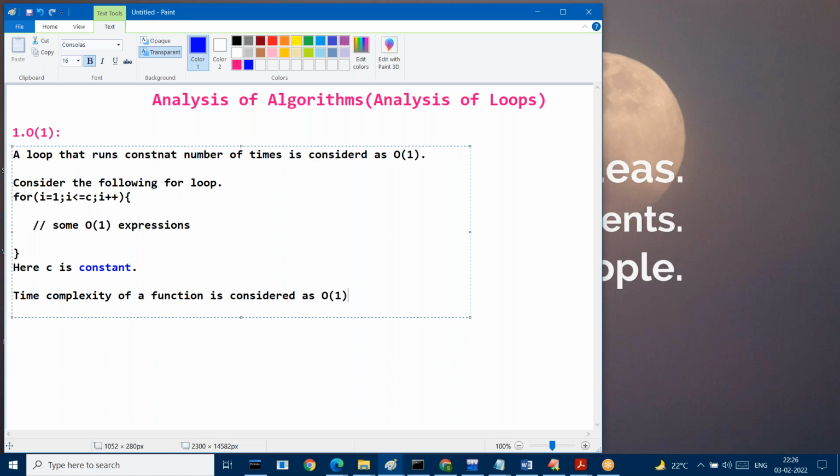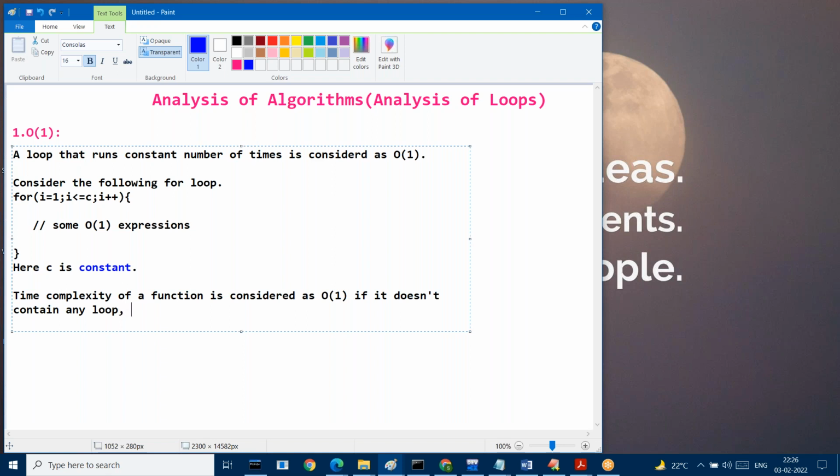How high you want, you can consider, but end of the day it will be a constant. So that's why time complexity of a function is also considered as order of 1. When, sir? If it doesn't contain any loop, or even contains a loop with order of 1 complexity.